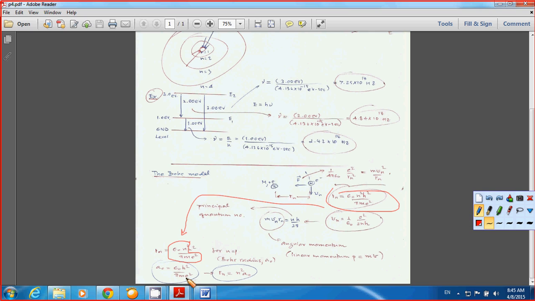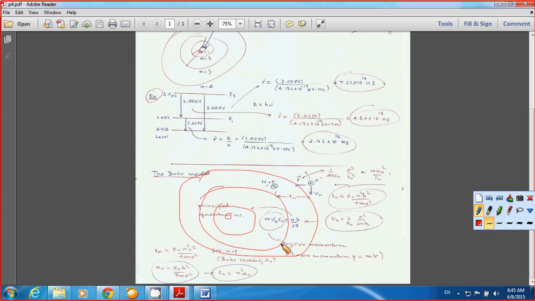So Rn is equal to n square times a constant. It's not a big surprise that when n is greater, R becomes bigger and bigger, right?